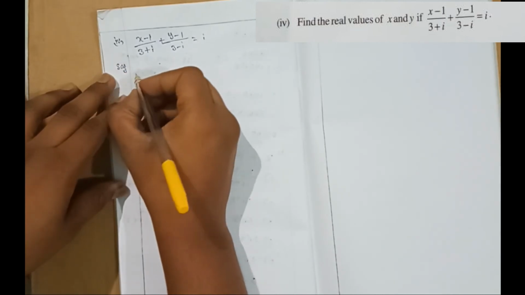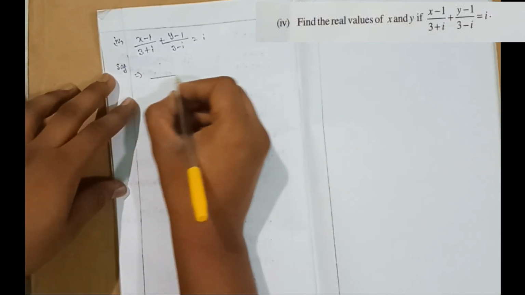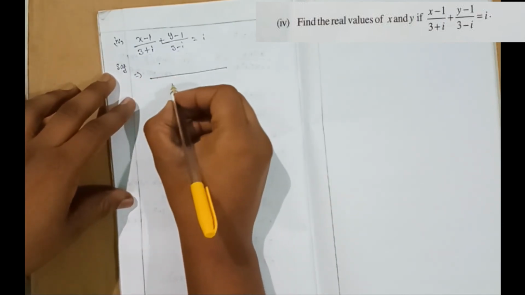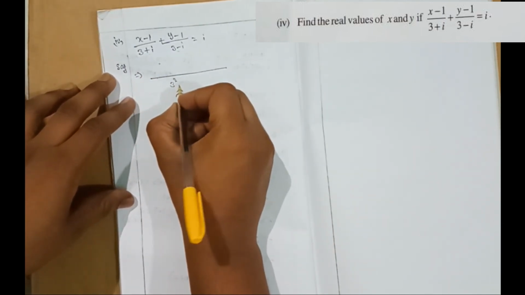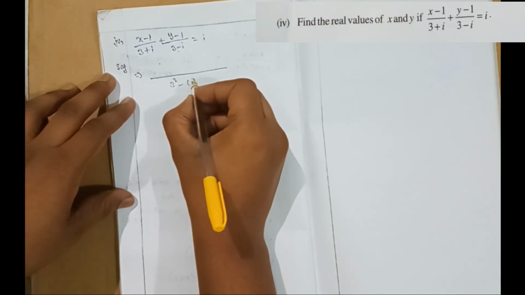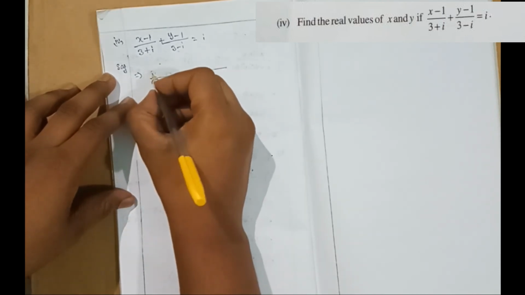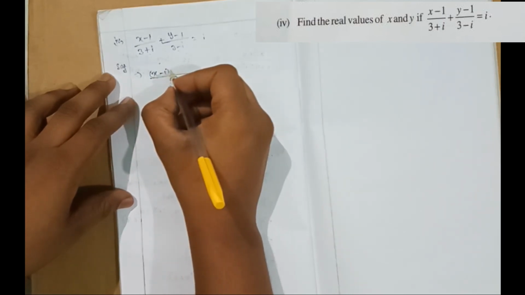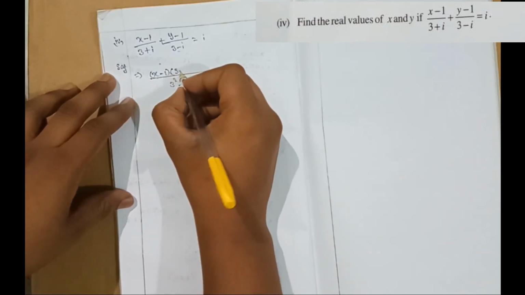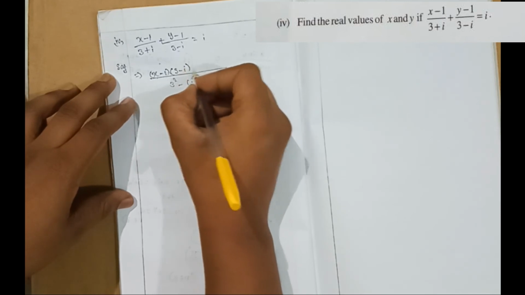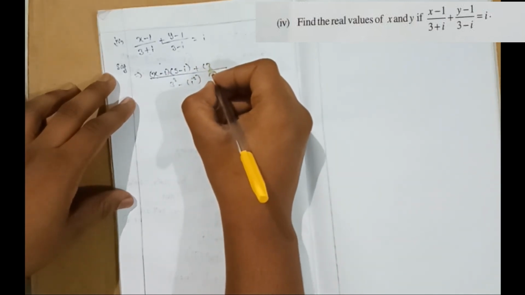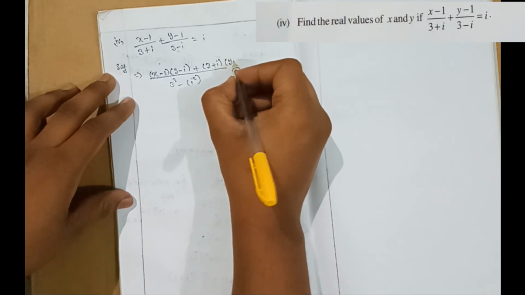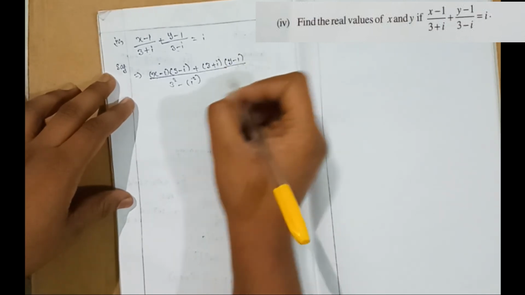Solution. First a plus b into a minus b, so 3 square minus I square, x minus 1 into 3 minus I plus 3 plus I into y minus I.